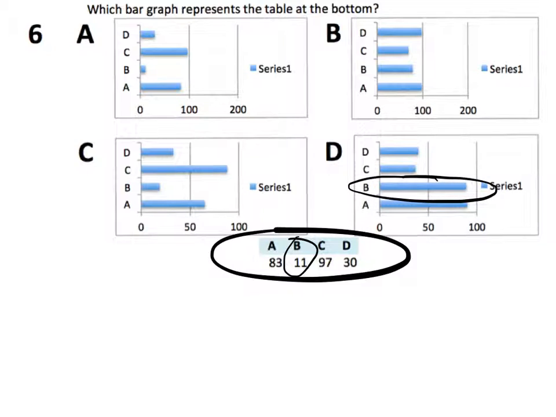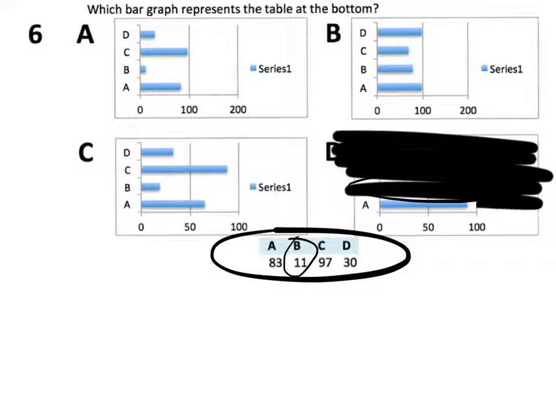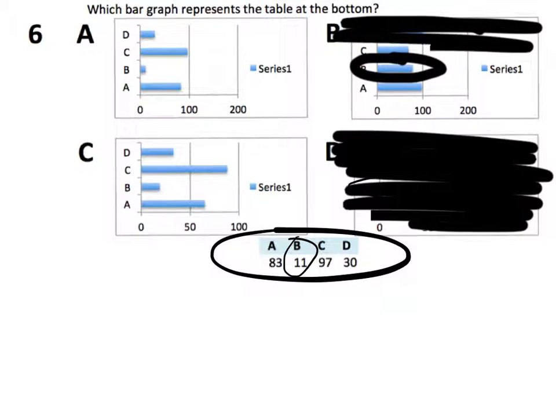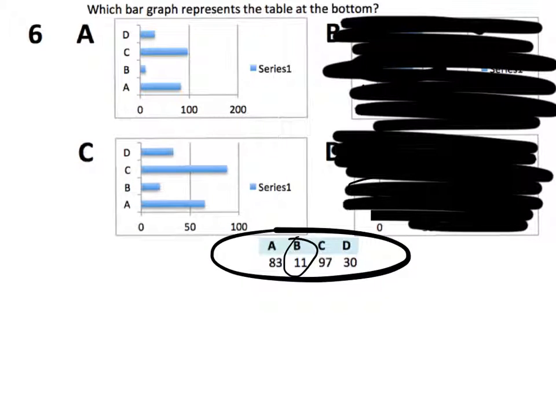There we go. Cannot be D. And if B is 11, then notice how far that one goes up. Can't be that one. But if we come over here and look at this and this, I guess it's possible it could be either of those, so let's pick something else.